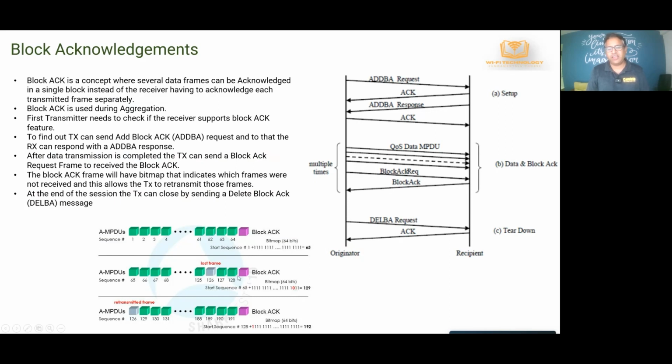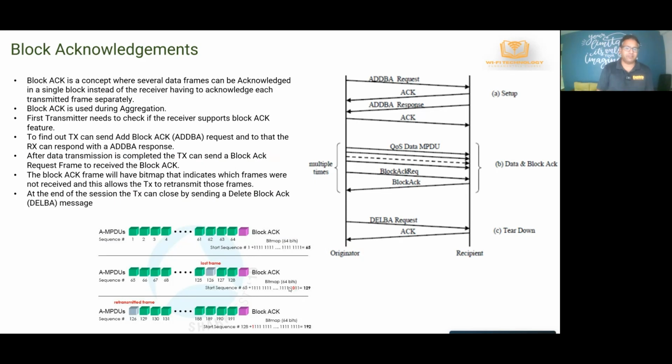And you're telling the transmitter that I received all the other frames, but I did not receive 126, or I did receive it, but there were some errors. Remember that each one of these frames also has an error check mechanism. The receiver will check the errors on each individual frame, and if the calculation is wrong, the FCS is wrong, then it will say that frame is not received.